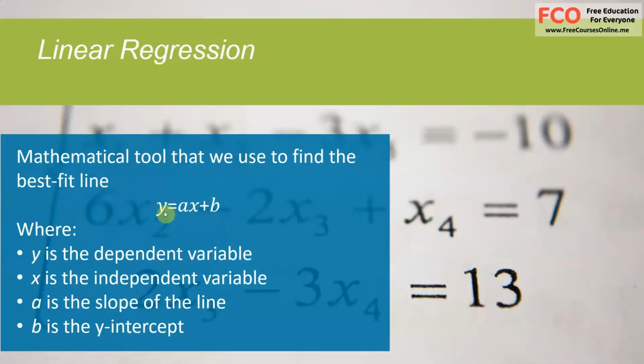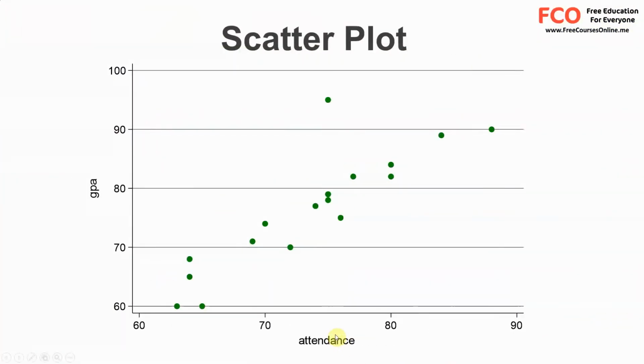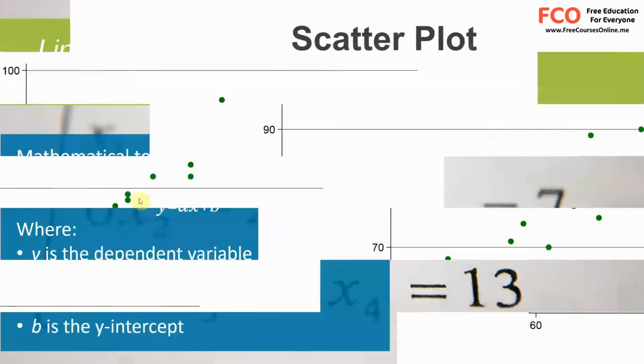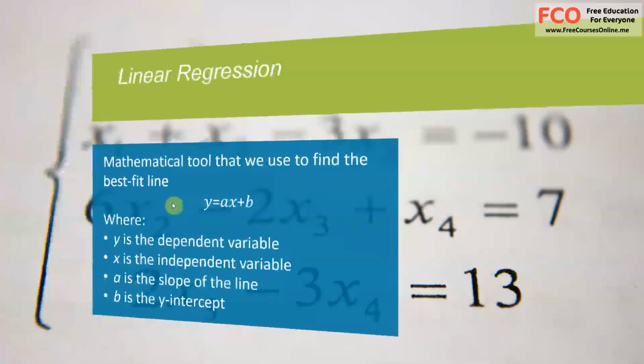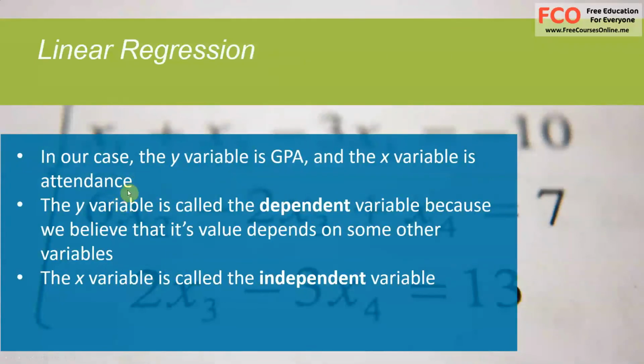So instead of y, we would have GPA, and our independent variable x is actually attendance, because we believe that attendance influences the GPA. This is why in our model, what we have is GPA is equal to A times attendance plus B. So y, which is the dependent variable, is the GPA. X, which is the independent variable, is attendance.